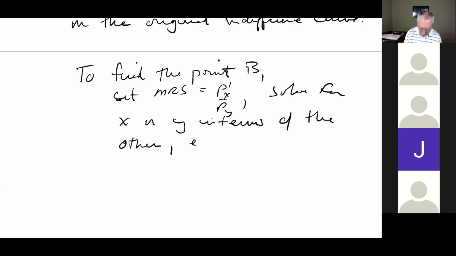For example, Y in terms of X. I'm going to make that Y because it's what I usually do.